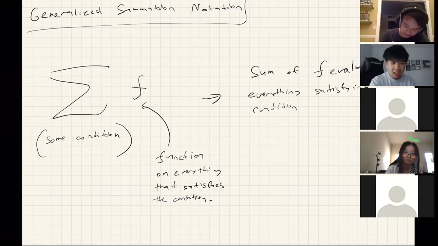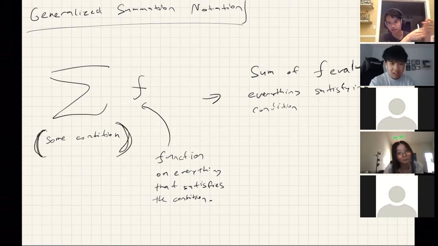But anyways, a lot of times you will not find a number at the top. You will not find something equals something at the bottom. What you will find is some condition. This condition will be on integers, real numbers, ordered triples of things, whatever.